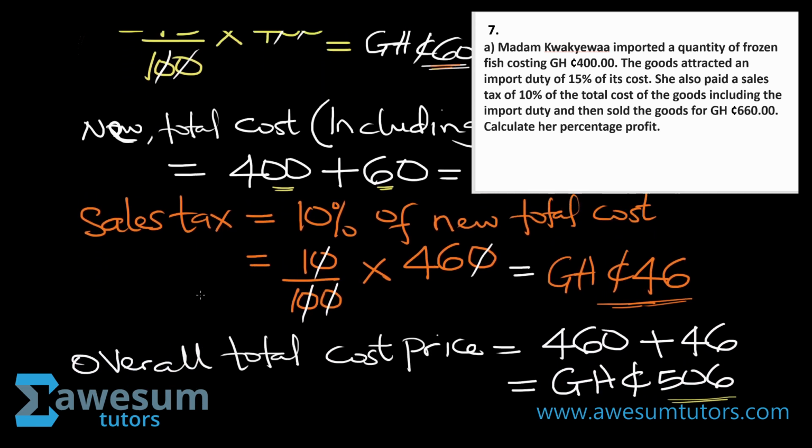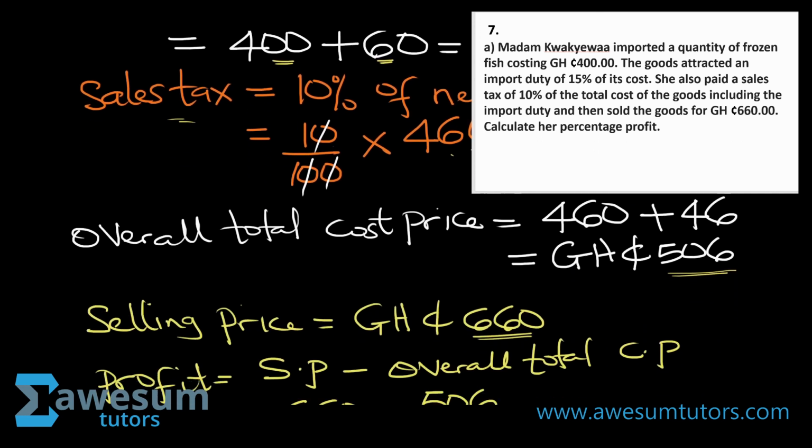The sales tax, which is 10% of the 460, we got 46. So now she has spent that 460 and the 46 used in the sales tax, giving us a total of 506 that she has spent.